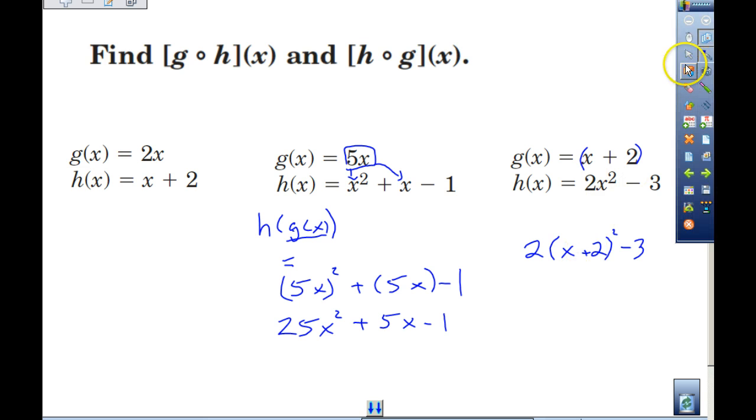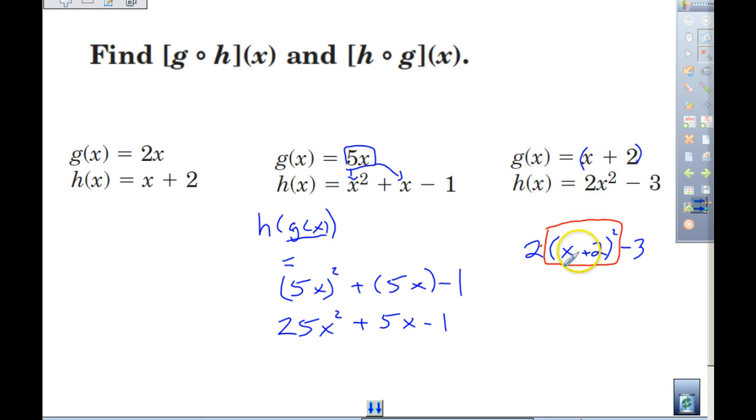How do you simplify this? What do you do first? Exponent, then multiply by 2, then subtract 3. Don't start distributing and making up your own math problems, okay?